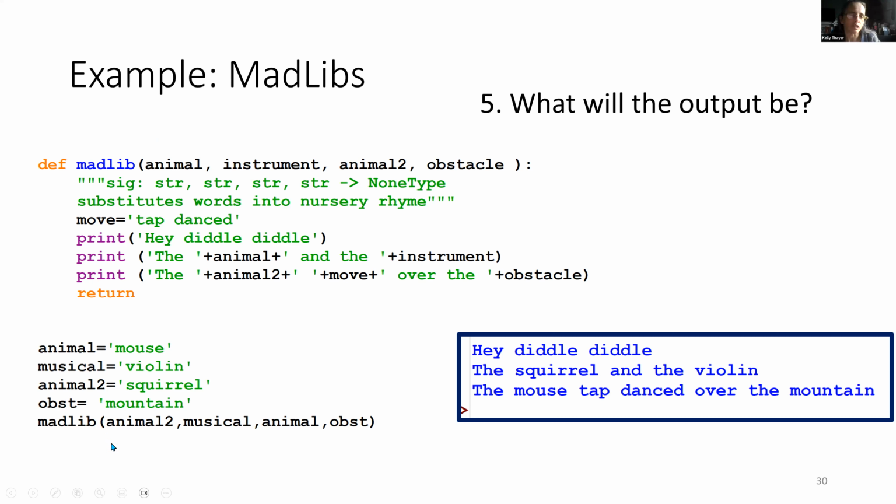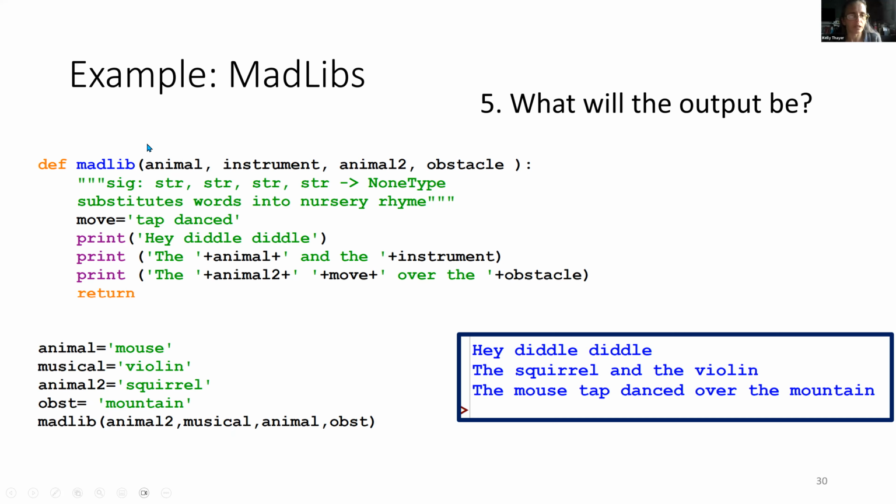We also see that it's not necessary for these two to have the same name in order for this handoff to work. Remember that it's sending the value that this variable is equal to. It's not going to check to see if animal and animal 2 are the same or not. It just sends the value, and animal 2 happens to be squirrel.